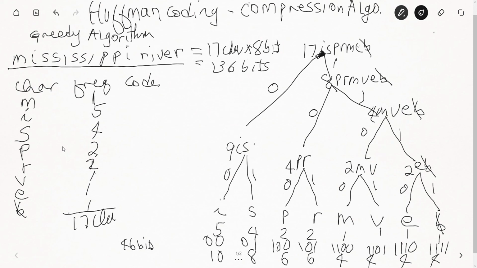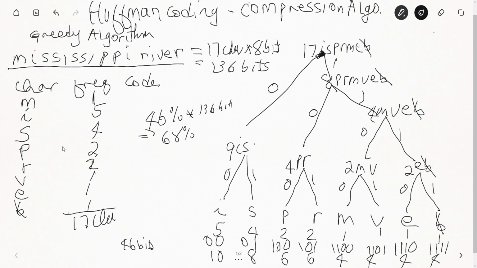That gives me a total of 46 bits. I take a percentage of 46 bits out of 136 bits total, so that gives me 34%, roughly. If I subtract that from 100, that's the savings.